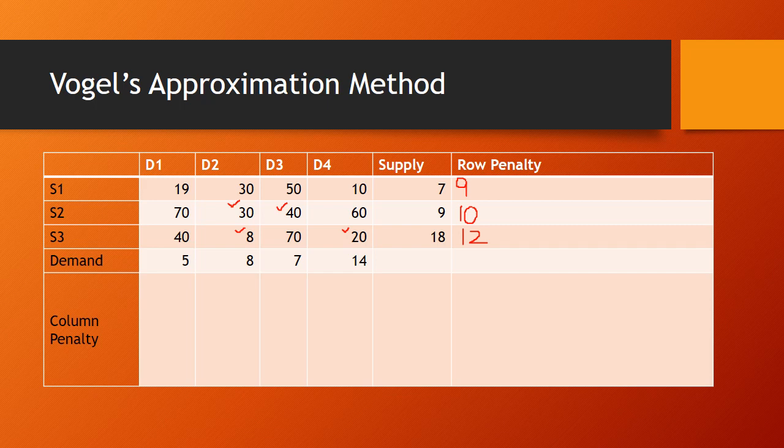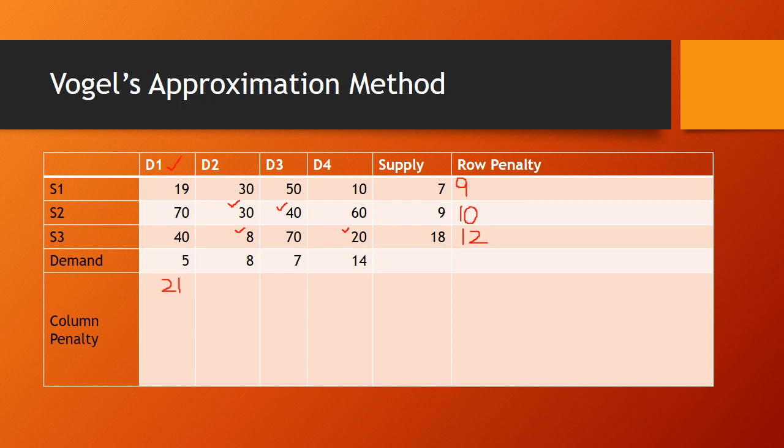Now we will move to column penalties. Let's see column D1, right here. In column D1, 19 is the least value and 40 is the second least value. So the difference is 40 minus 19, which is equal to 21. So 21 is the penalty of this column.